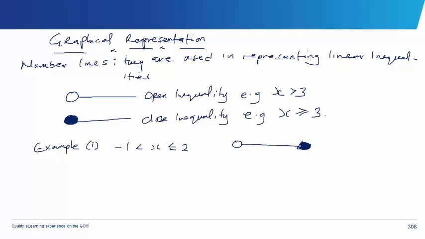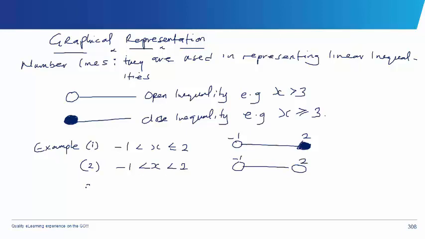We have the two points clearly indicated: on the left we have minus 1, and on the right we have 2. Then number 2, let's represent 1 less than x less than 2. Both sides are open inequalities, so we don't need to shade any of the circles.